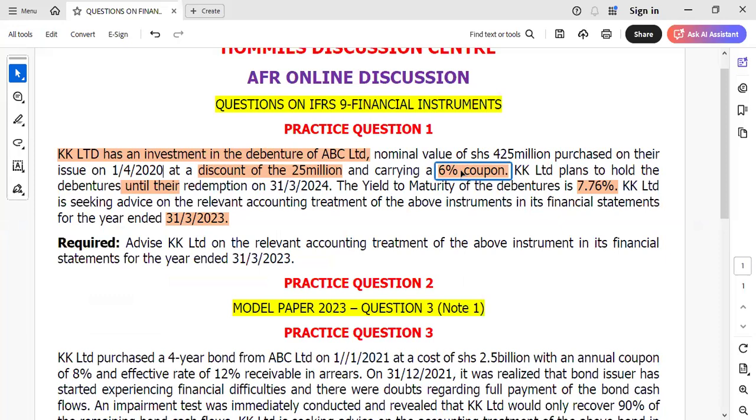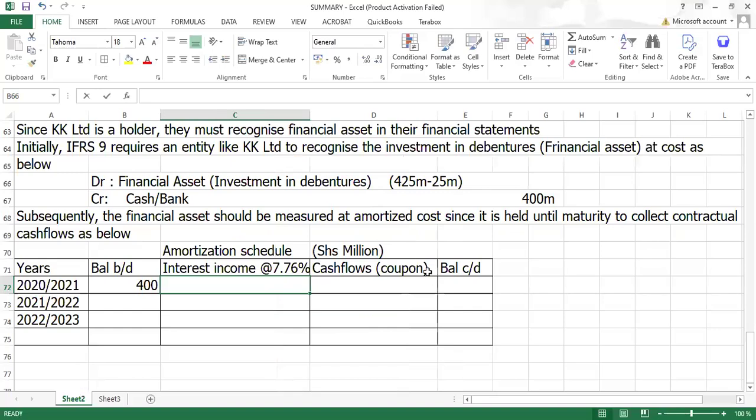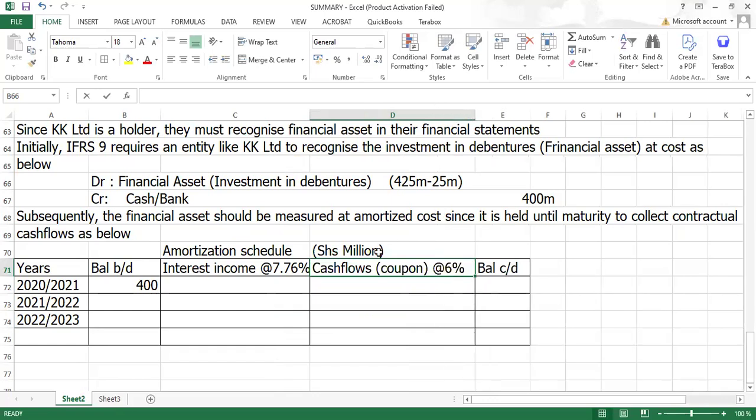For the amount to be recognized in the income statement, you must use the effective interest rate, or the yield to maturity, 7.76%. Then the other percentage of 6%, you put it here. As you get your cash flow, these ones must be at 6%. These ones help you to know the movement. The one you put here affects your income statement. What you put here just goes to your cash flows.